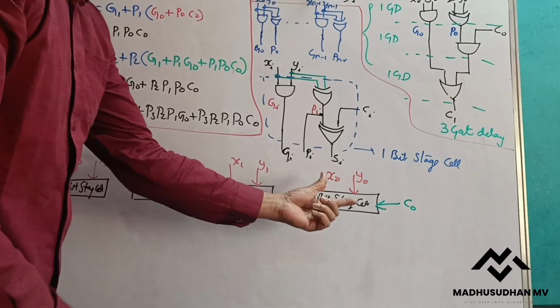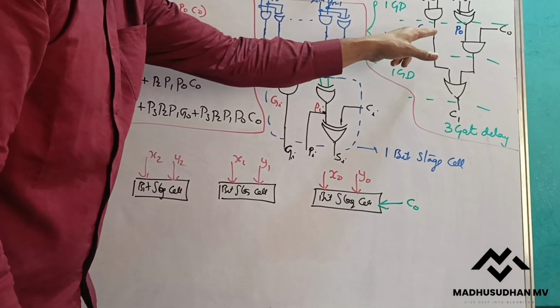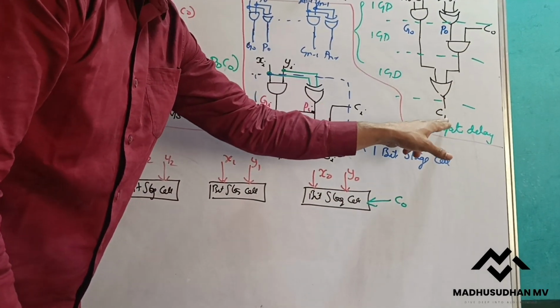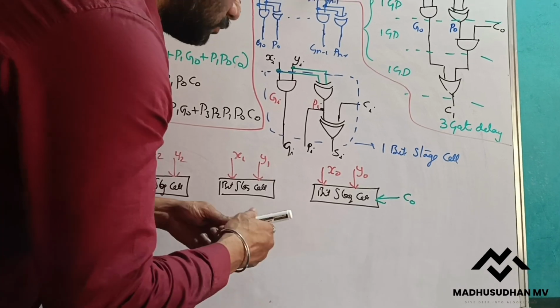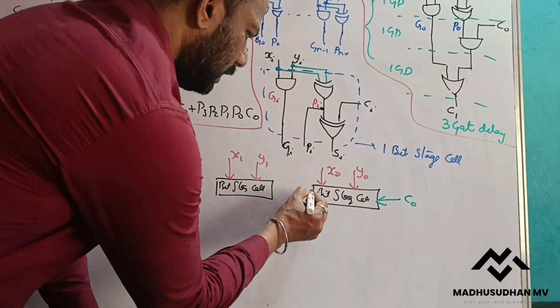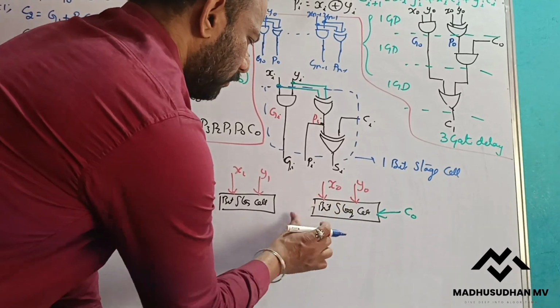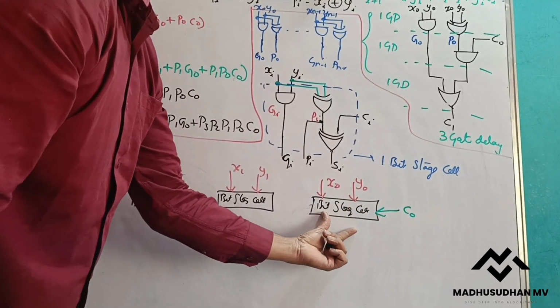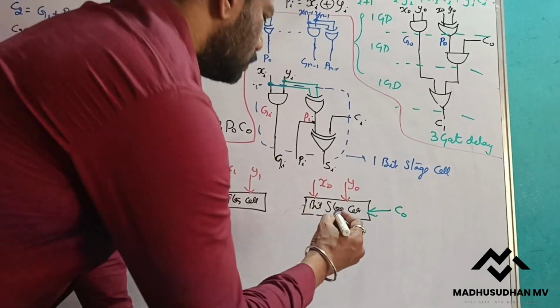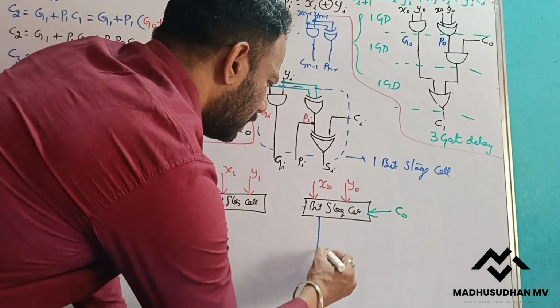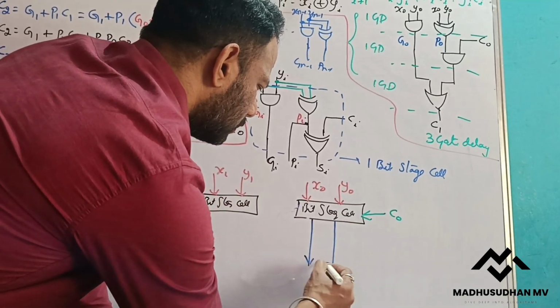Now if I give this X0, Y0, C0, I will get C1. Now this produces G0, P0, so I will get G0 here, P0 here.